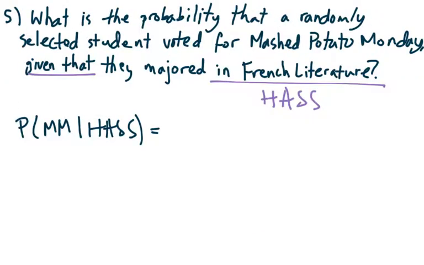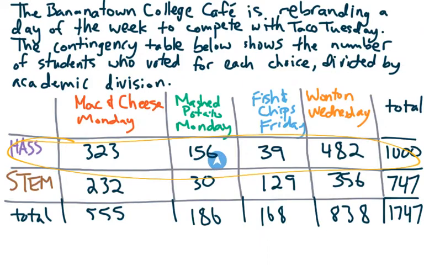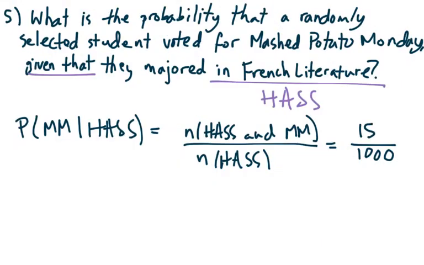So the number of people in this row and this column divided by the total number of people in the universe, i.e. the row here, is 156 people in this row and this column, divided by the 1,000 people in this row. 156 out of 1,000, or 15.6%.